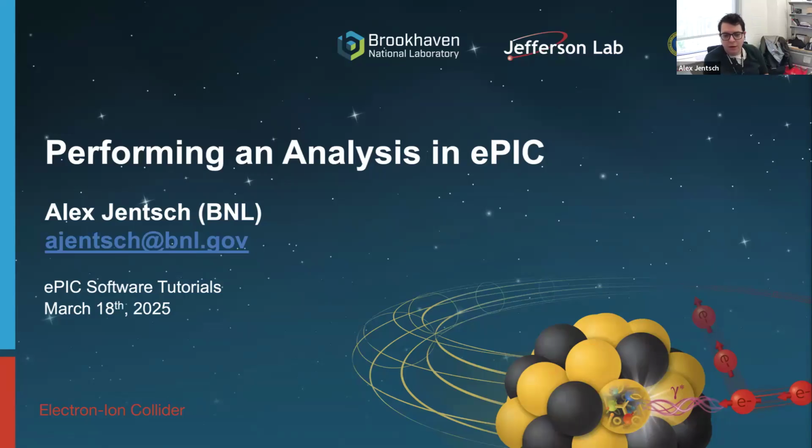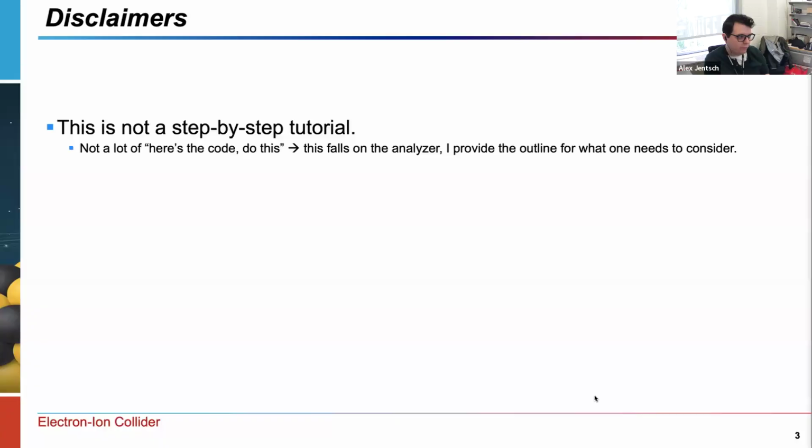So most of what I'm going to talk about today is trying to walk you through the kinds of things you'll need to consider to make sure that you're starting an analysis in the right way and that you're integrating yourself with the working group that you're a part of, to make sure that the conveners are able to vet the work that you're doing before we start releasing results. This is how it works in every collaboration that I've known or been a part of, and EPIC will function very similarly.